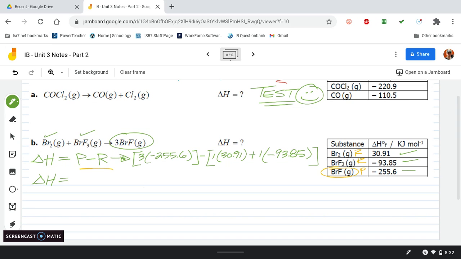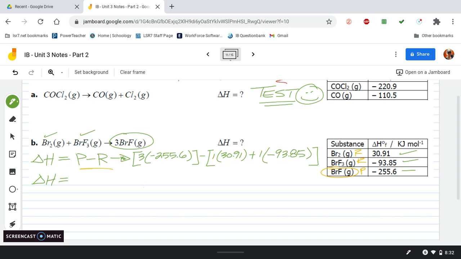Then we're going to subtract that from, in parentheses, the 30.91 plus the negative 93.85. Close the parentheses, hit enter, and get yourself an answer.